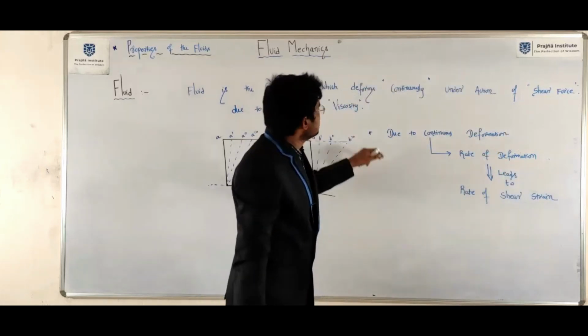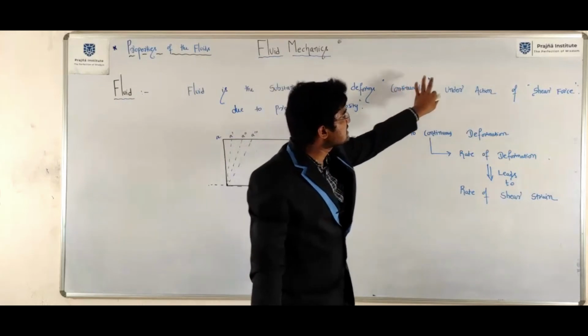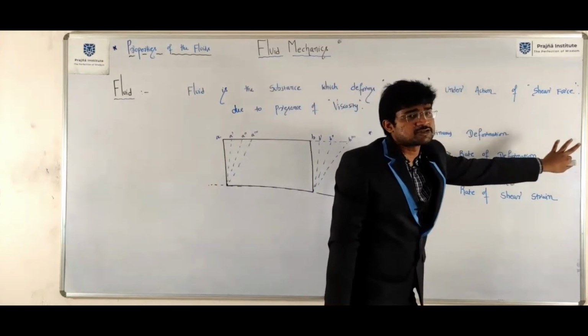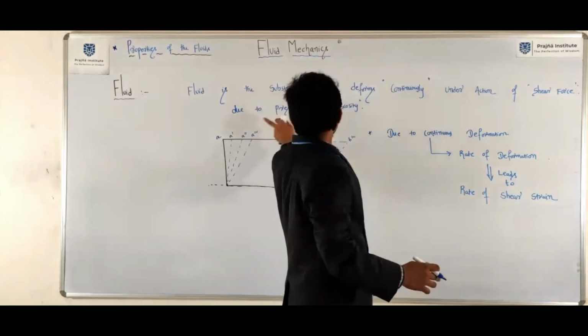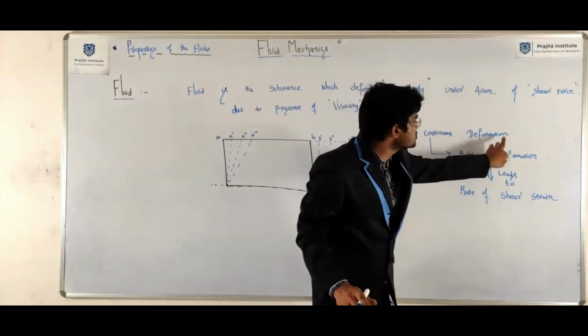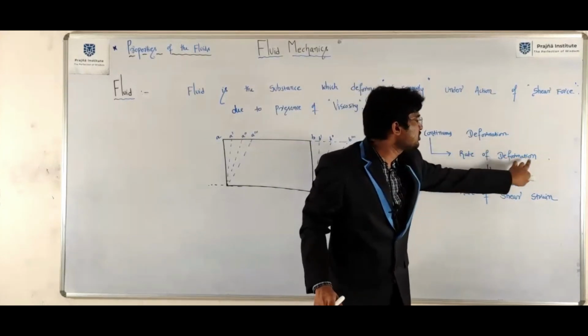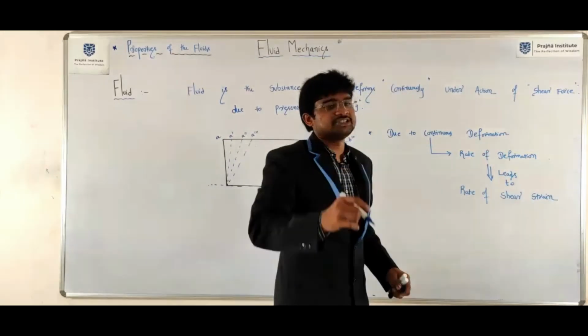Fluid is the substance which deforms continuously under the action of shear force. Why continuous deformation? Due to presence of viscosity. Next, due to continuous deformation, rate of deformation will occur. It leads to rate of shear strain.